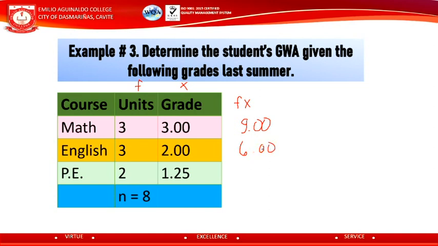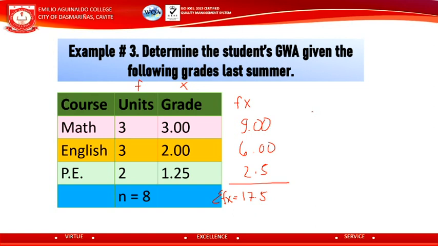And lastly, we have 2 times 1.25, will give us 2.5. And if we're going to add them all together, it will give us a value which is equivalent to 17.5. Now we have the value of the summation of fx.